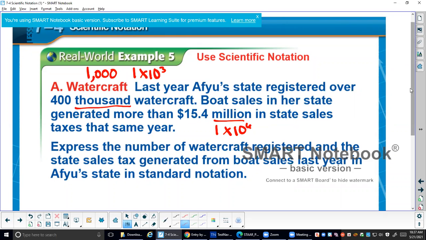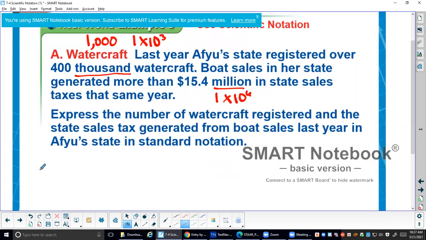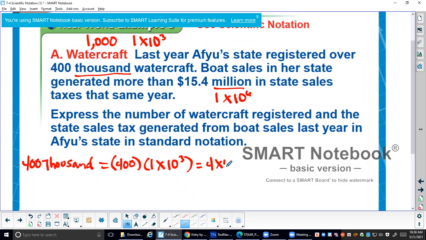So when you're rewriting this, just to kind of show you, when you could say 400,000, you could say 400 times 1 times 10 to the power of 3. Okay. And that is, of course, the same as 4 times 10 to the power of 2, right?